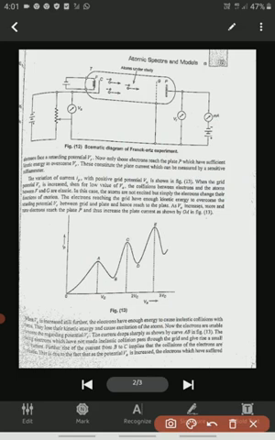When we increase the potential of this plate, some elastic collisions take place and a number of electrons reach this plate, so the current of this plate increases like this. After that, a number of inelastic collisions take place between electrons and atoms.